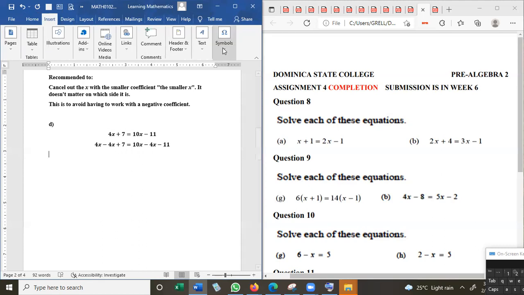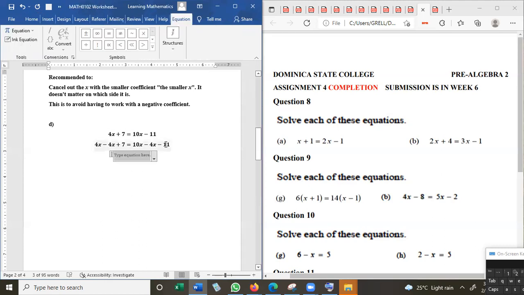Get accustomed to working on the right side. Familiarize yourself with your x being on the right side. So you have a nice positive 6x, because the final answer we want is a positive 1x. We want a positive x is equal to. That's what we're looking for.